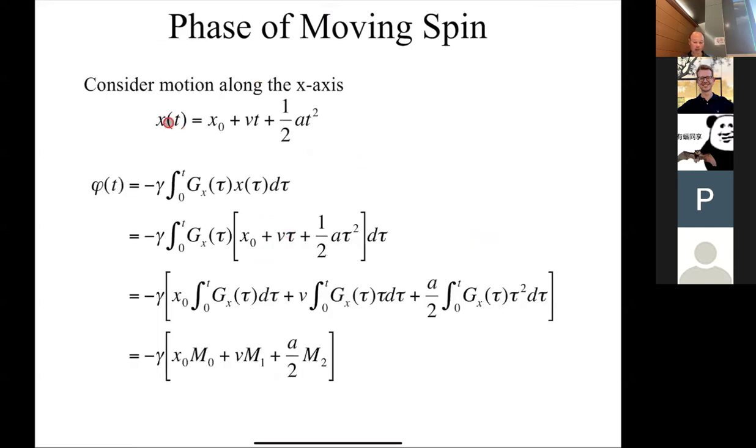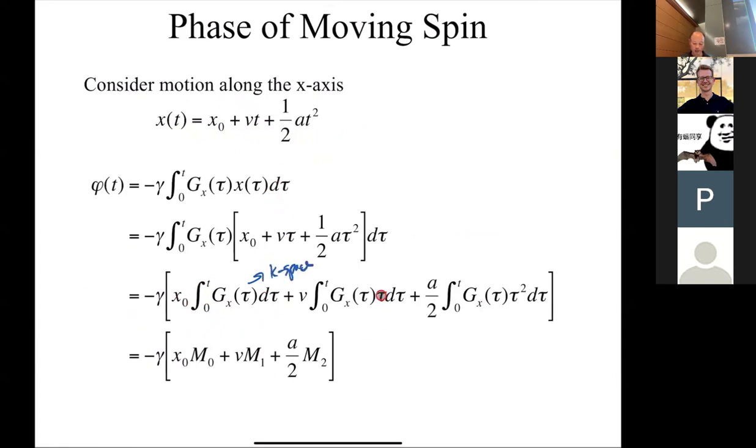And the simplest thing is just to assume a very simple model where there can be some position, there can be some velocity, and there can be some acceleration. All right. And if we do that, we end up with three terms that the phase depends on. This term here, which we've seen before, is just the integral of your gradient. So this is where you are in k-space, right?